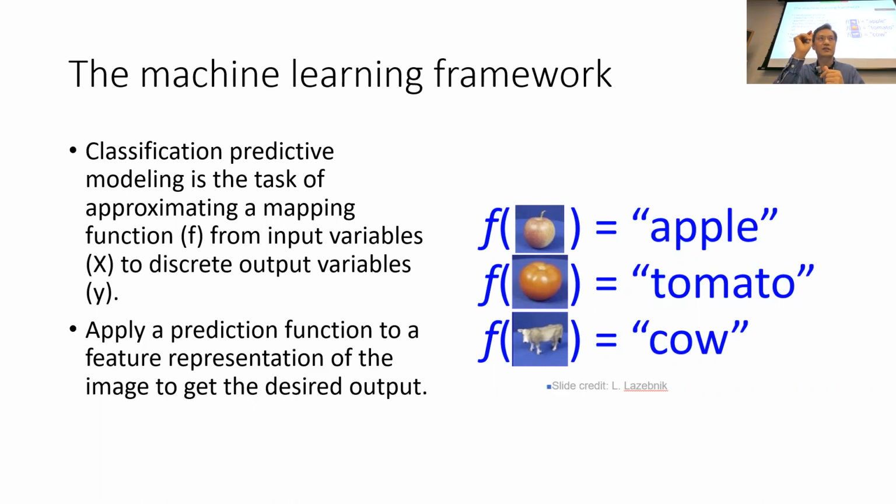So the function will just calculate and give you the label. Because it has already been trained, it knows how to take that input image and process it through this network of parameters. There are functions in there, and it computes and gives you the value. This value will be the label.